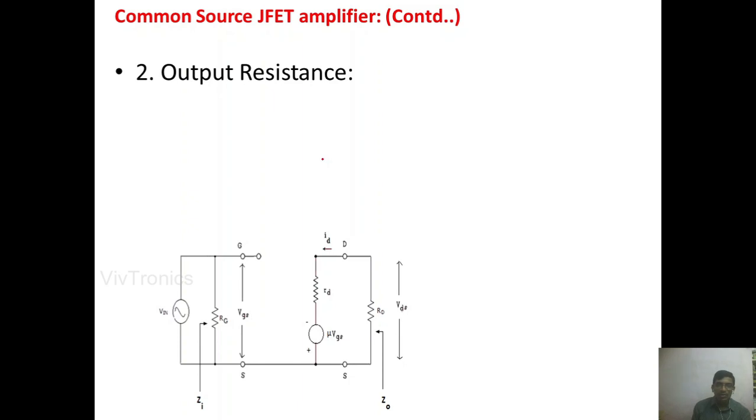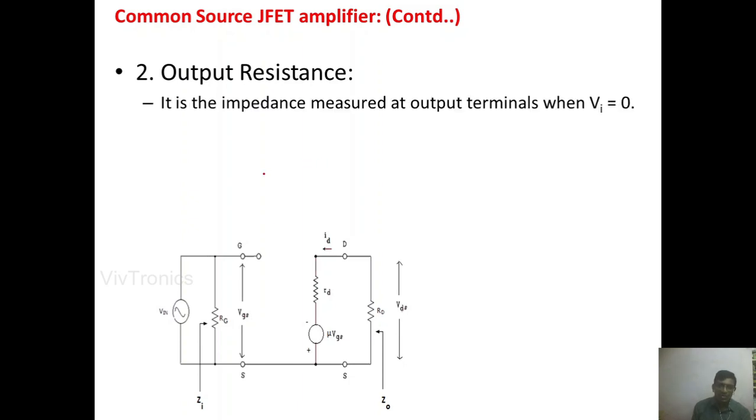Similarly, we are going to get the output resistance of the JFET amplifier. The output resistance is measured at the output terminals when Vi is equal to 0. If Vin is equal to 0, then VGS is also equal to 0. So the output resistance will be measured only when the input voltage Vin is equal to 0.